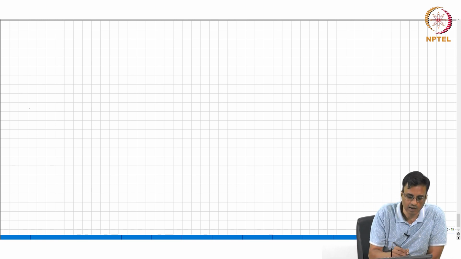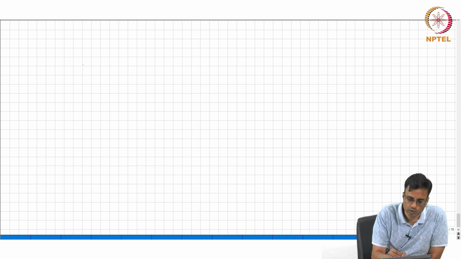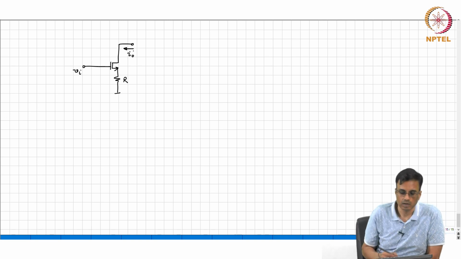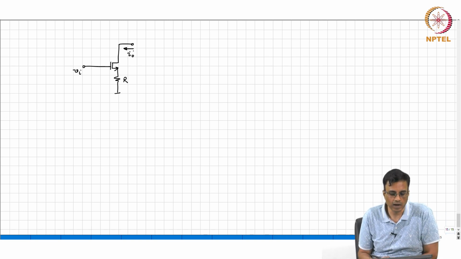Then it's the voltage controlled current source. Again, now I am going to dispense with even drawing the GM. So this is R, this is VI, this is IO. What is IO in terms of VI?